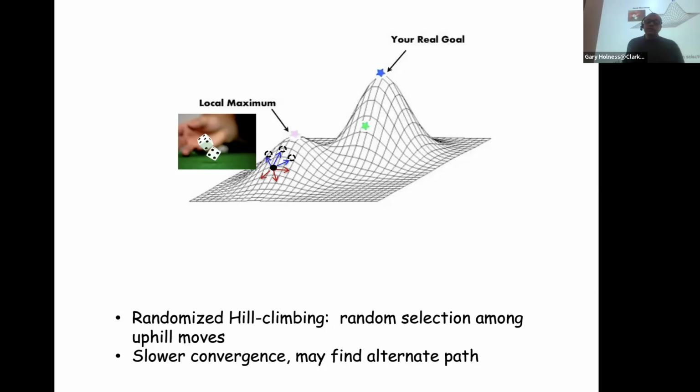Now, yeah, that can work. And the reason why it can work, not always, but can work, is because you might find an alternate path. It could be that a solution path might involve some steps that aren't always the maximum direction, right? It's also going to be slower to converge because you're not taking the maximum. You might be, in effect, wandering around the hill, still going up, but not in the steepest direction. Okay. So that could work.